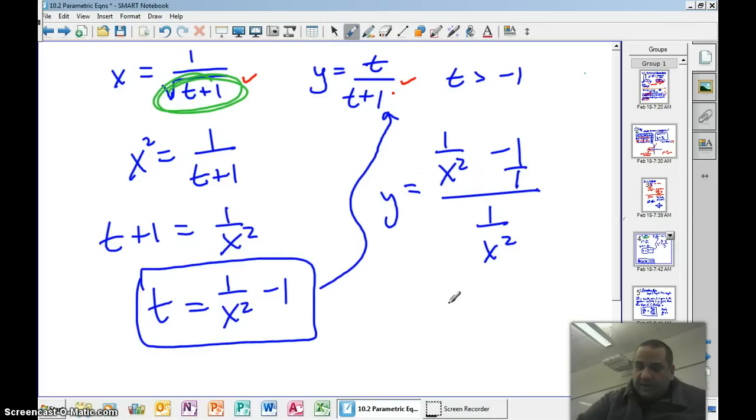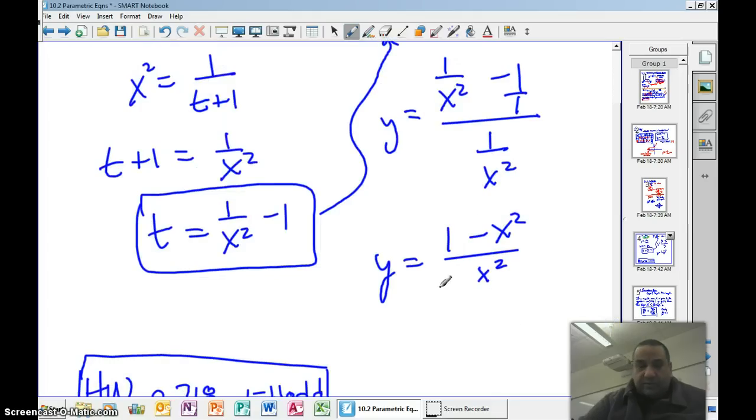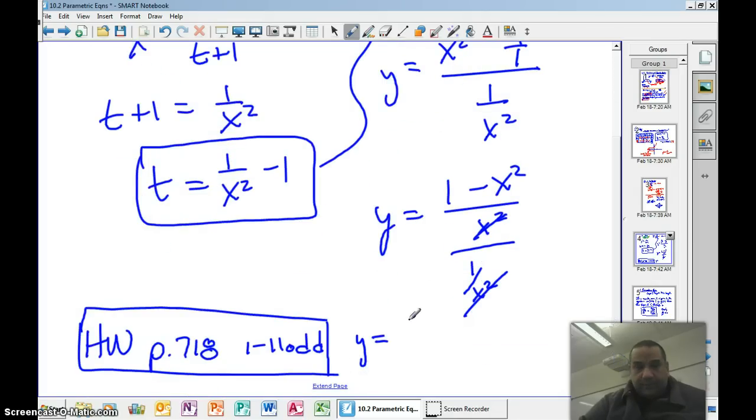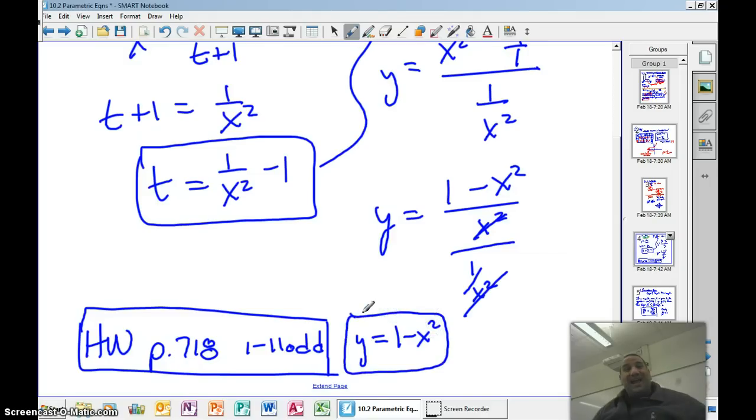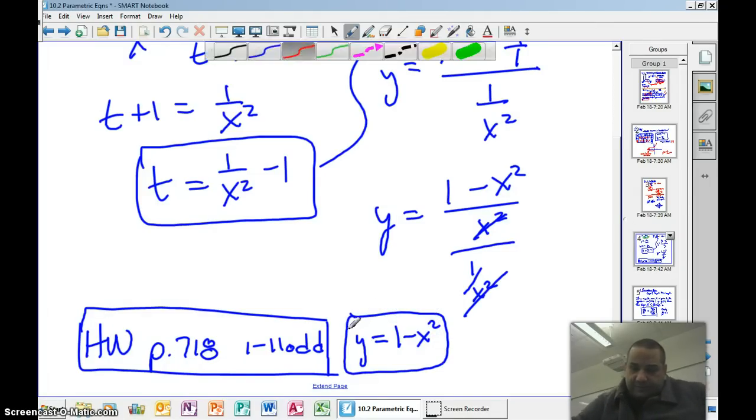This could be 1 over 1 minus x squared, all over x squared on the top and 1 over x squared on the bottom. So what's going to happen is these guys are going to go out, and you're going to get y equals 1 minus x squared.